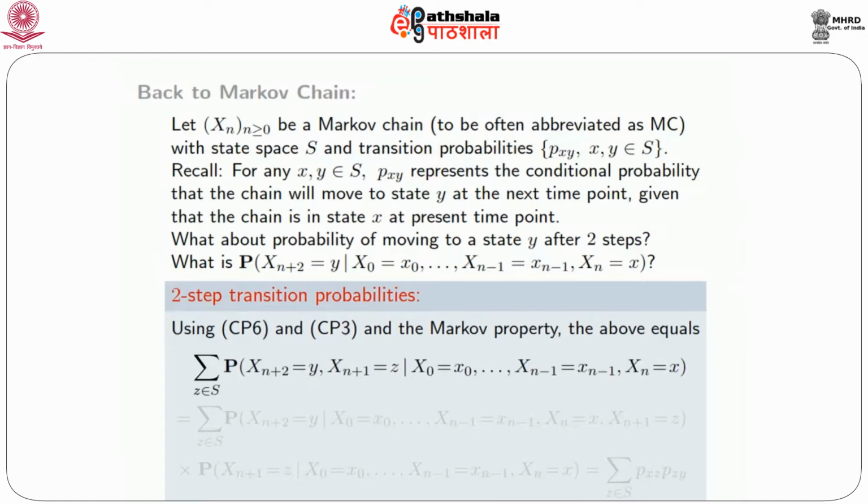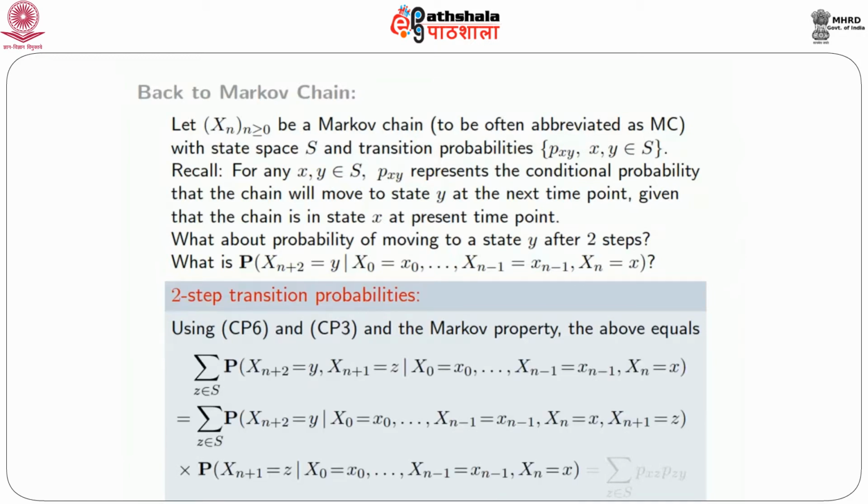So as I mentioned, using CP6 and CP3 and the Markov property, you can easily see that the conditional probability that we are interested in can be broken up as a sum over all z in S. That's the first step.